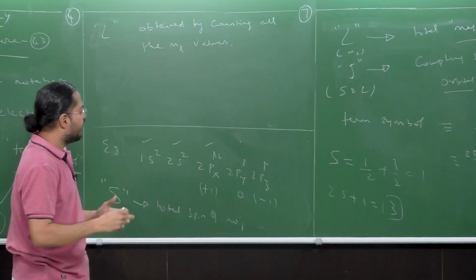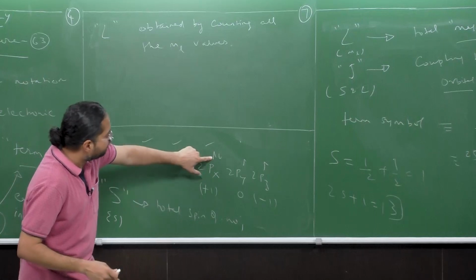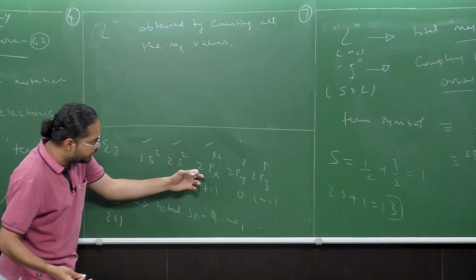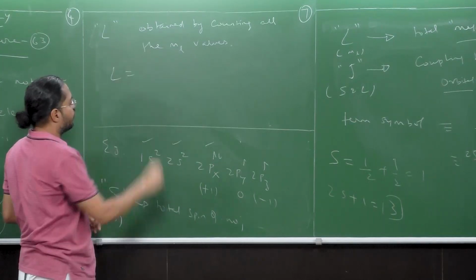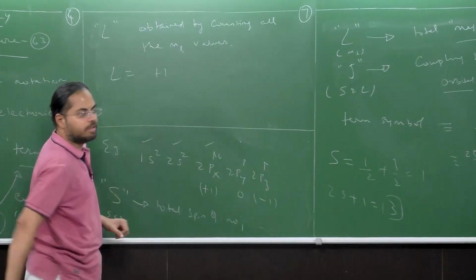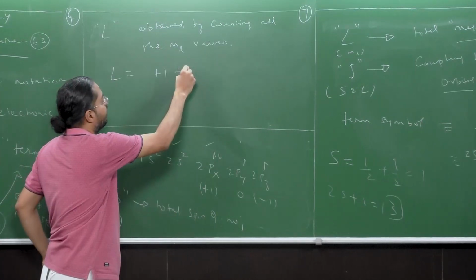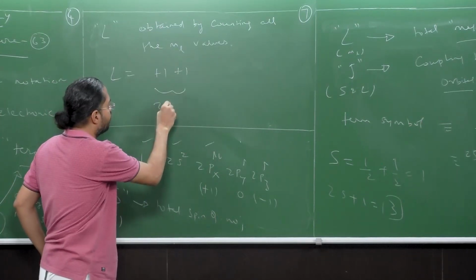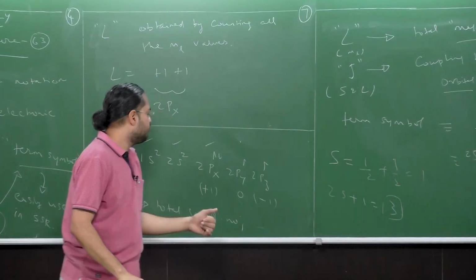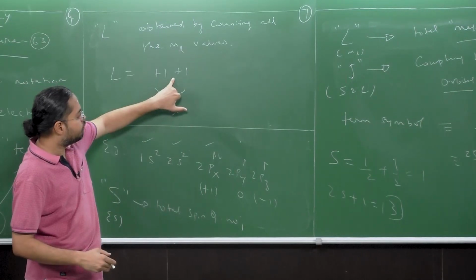For this given electronic configuration of oxygen atom, for this specific electron, it is going to be +1. Similarly, for this electron also it is +1. This is from 2px. Note that even though the spin pairing is different, as far as M sub L value is concerned, it is still only +1. So this is going to be +1 and +1.